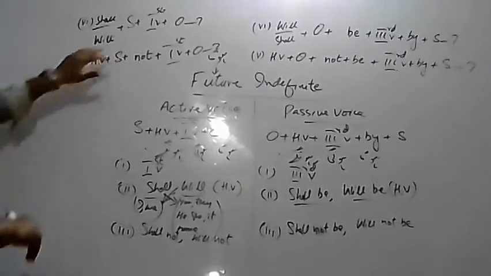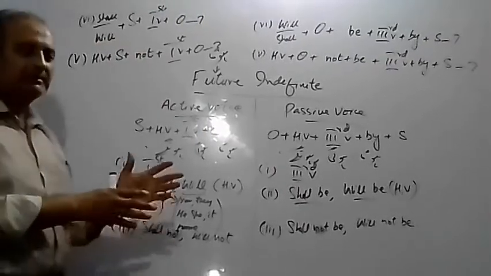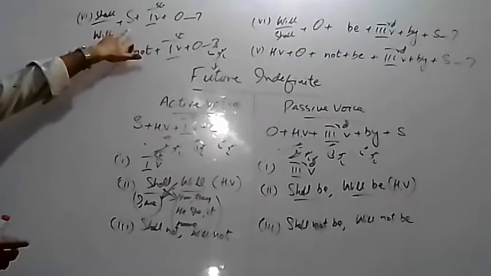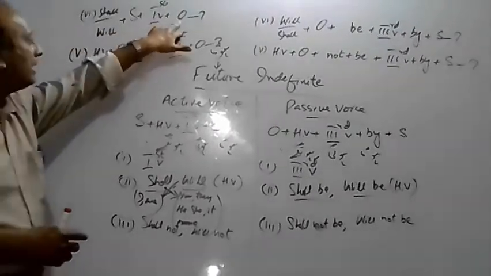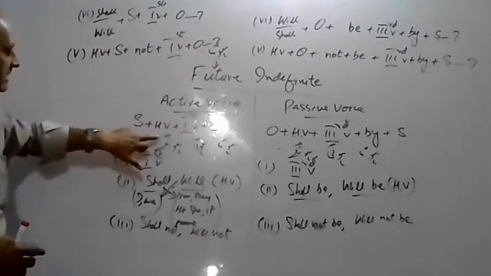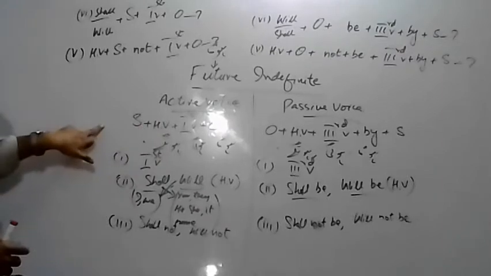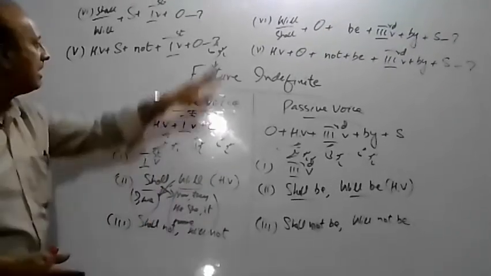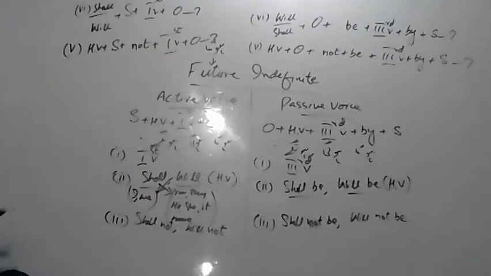Place the helping verb at the start of the sentence, then, if you are making an active voice sentence, an active portion sentence, interrogative, you place here the subject, then you apply the first form of verb, and then you apply an object. This is the formula. You have to place this portion up to here, and the rest of the sentence will remain the same, and in the end you just have to add the question mark or punctuation mark.